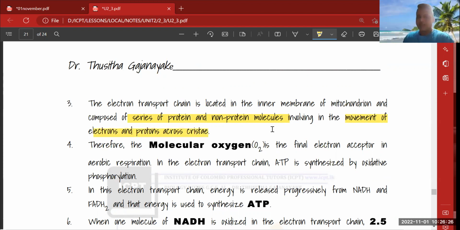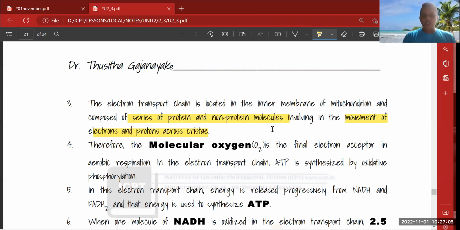Okay, now here they use a very minimum amount of text. It's very confusing in this resource book what it says. Electrons, movement of electrons and protons across cristae. So what does it mean? Movement of electrons and protons across cristae. It has a very bad meaning.